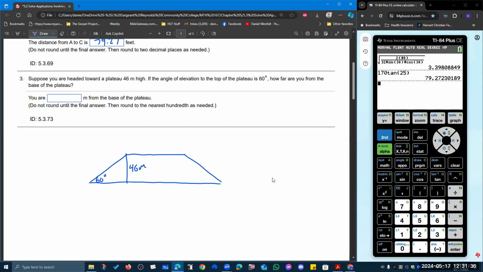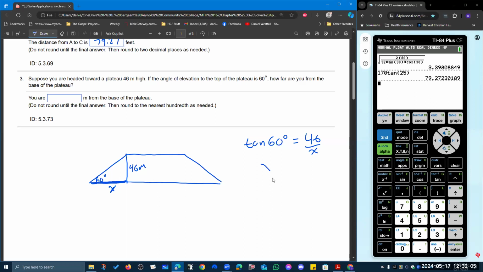So you want to know this distance here. Let's say tangent of 60 degrees is equal to 46 over x, opposite over adjacent.